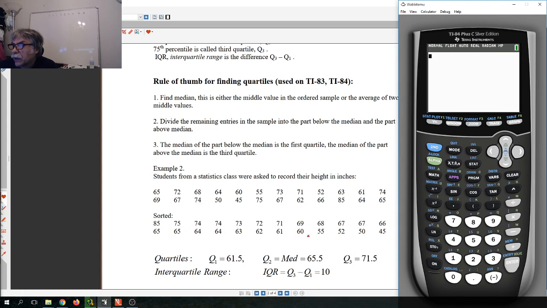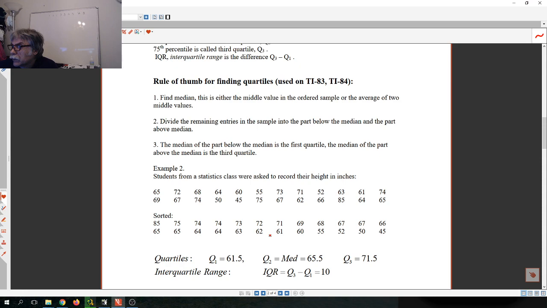So I am now looking for quartile number 1 and quartile number 3. Quartile number 1 would be just the median of the lower half. When I look at this lower half here, those are the items from 65 to 45. I can find the 2 in the middle, 62 and 61.